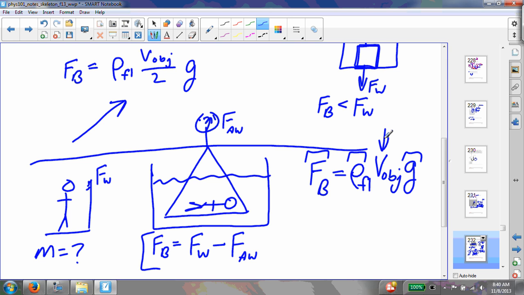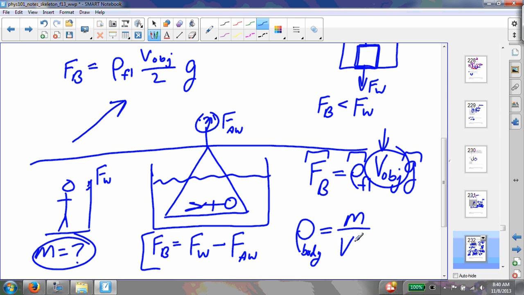Now, it's easy to measure the mass. Now you have the volume, so it's pretty simple to find the density of your body, which is the mass divided by the volume. And voila, you have the density of your body. And they use tables. It's actually slightly more complicated than this, but not terribly so, to determine your body fat percent.